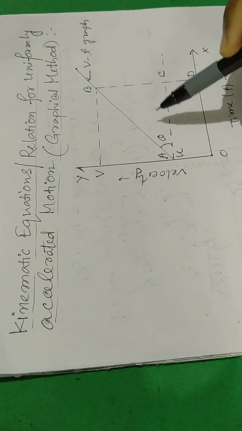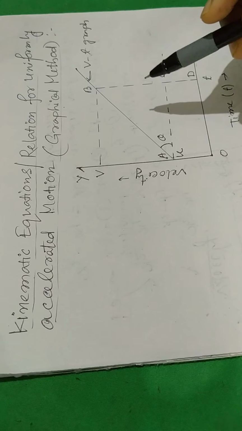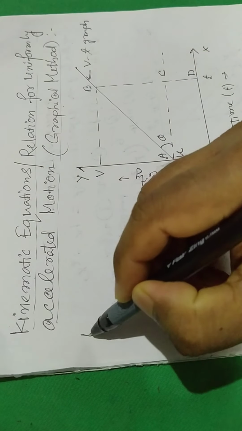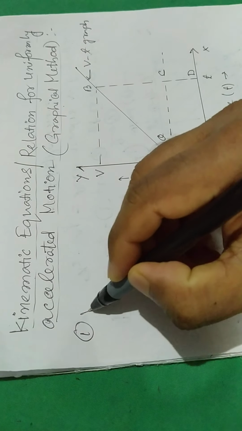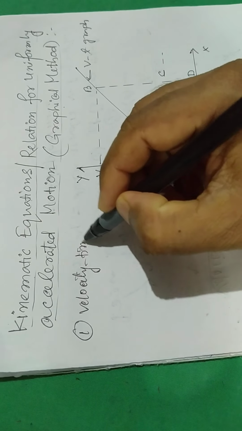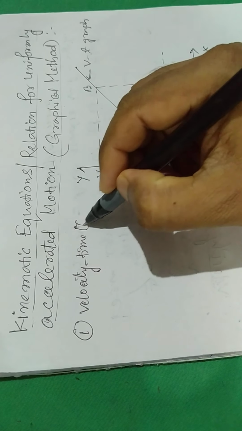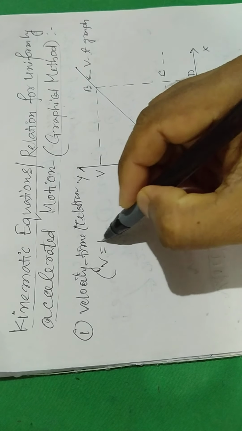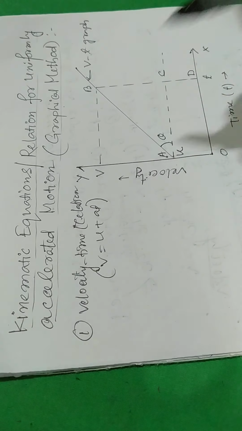Here you see the diagram. This is the VT graph. Let us calculate first. Number one, the velocity-time relation, v equal to u plus at.